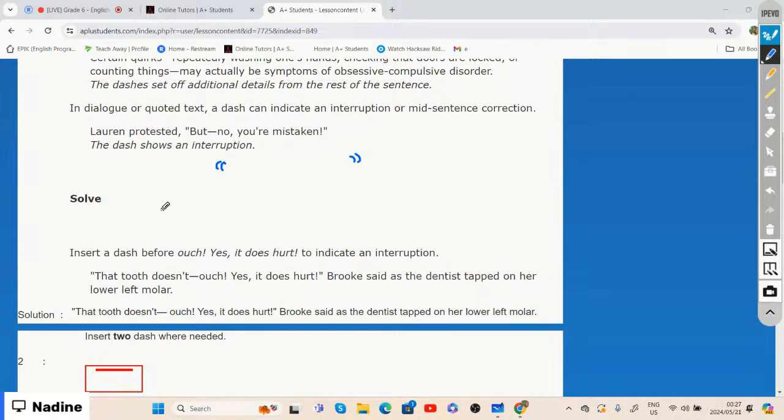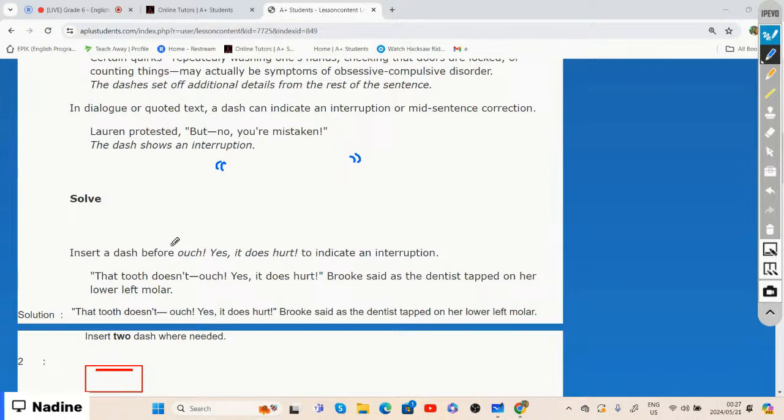And the dash over there after that says, but no, you're mistaken. The dash shows that there is some form of interruption. It says that in a dialogue or a quoted text, a dash can indicate an interruption or a mid sentence correction.